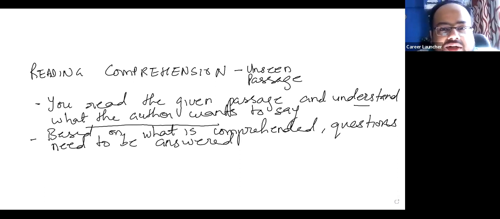Based on what is comprehended, questions need to be answered. So this is the basic principle of reading comprehension. It's about an unseen passage, a passage that most likely you haven't read earlier. You read the passage, understand what the author wants to say, and based on what you have comprehended, you answer the questions that follow. So this is essentially what reading comprehension is about.